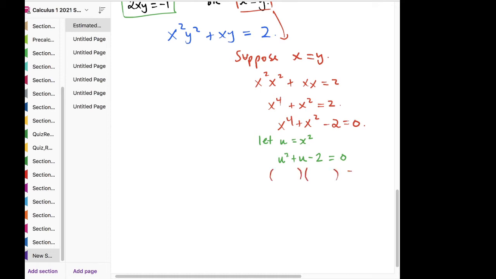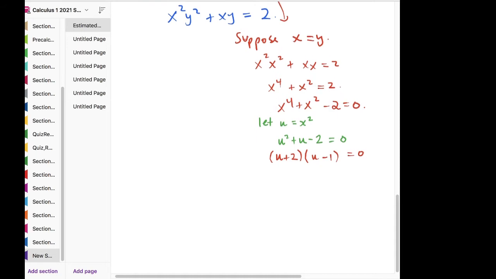What are they? Yeah, but u, right, because we have u here. So u plus 2 and then u minus 1. No, that's fine. But it's important to make sure that you have it different from this x. So that means u is equal to negative 2 and u is equal to 1.